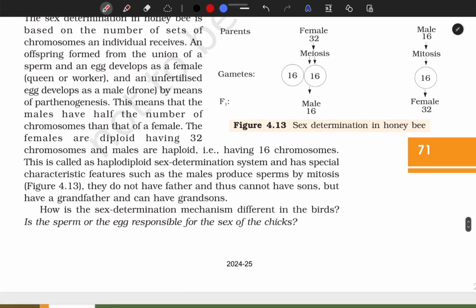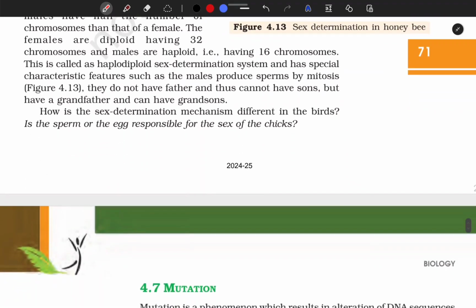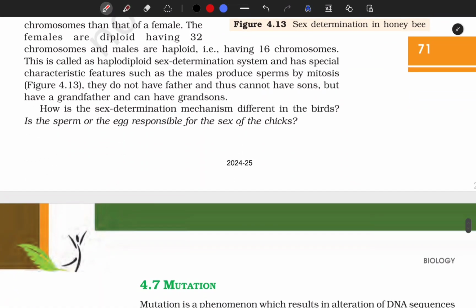The females are diploid having 32 chromosomes and males are haploid, that is, having 16 chromosomes. This is called a haplodiploid sex determination system and has special characteristic features such as the male produces sperms by mitosis. They do not have a father and thus cannot have sons, but have a grandfather and can have grandsons.